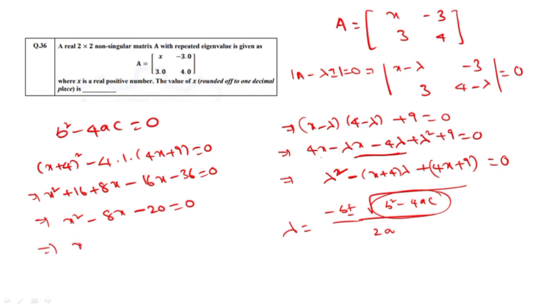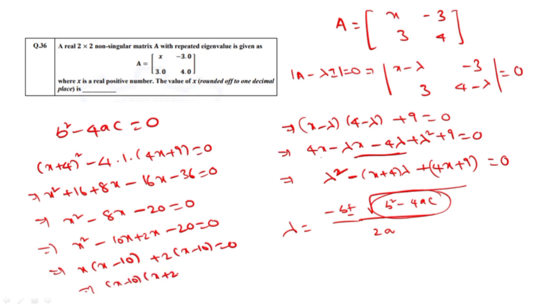This will be written as x square minus 10x plus 2x minus 20. This is x into x minus 10 plus 2 times x minus 10. This will be x minus 10 into x plus 2. So x is 10 and x is minus 2.